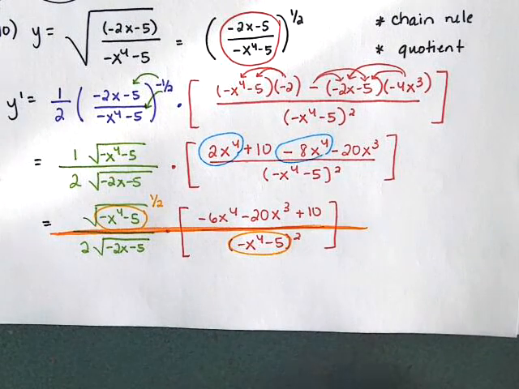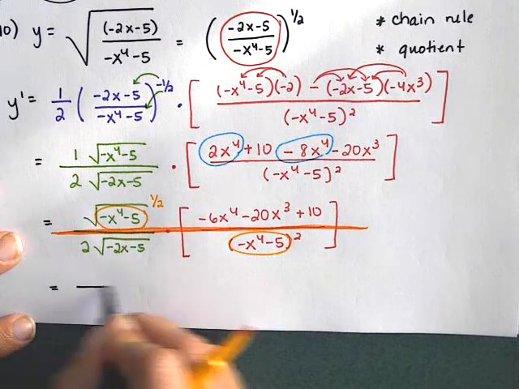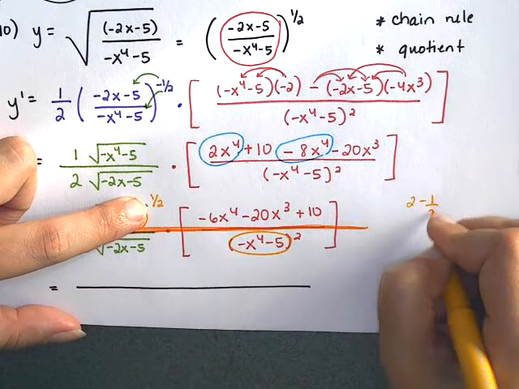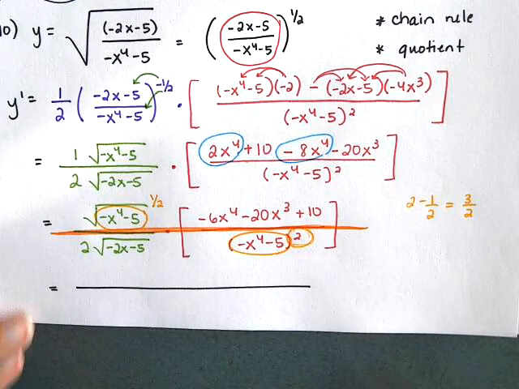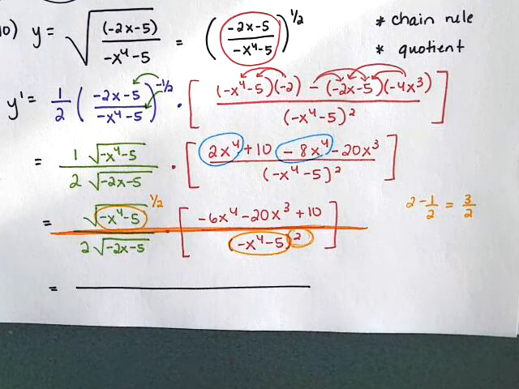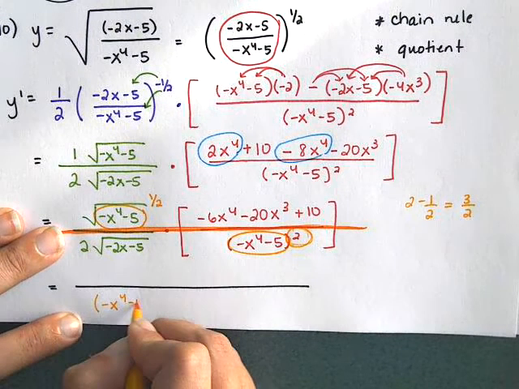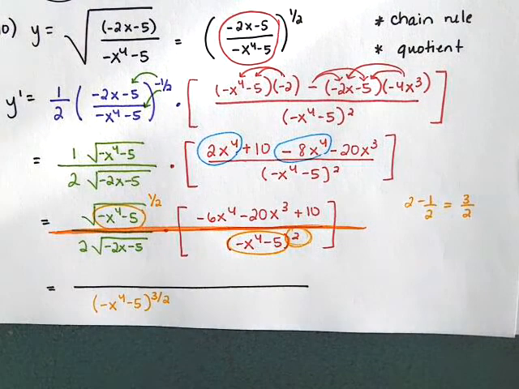So when I subtract, 2 minus 1/2 becomes 3/2. And because the 2 is the bigger number and it's on the bottom, I'm going to put this parentheses on the bottom. Nothing else here is really changing.